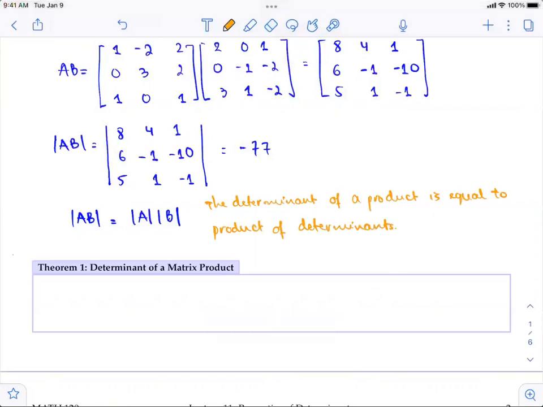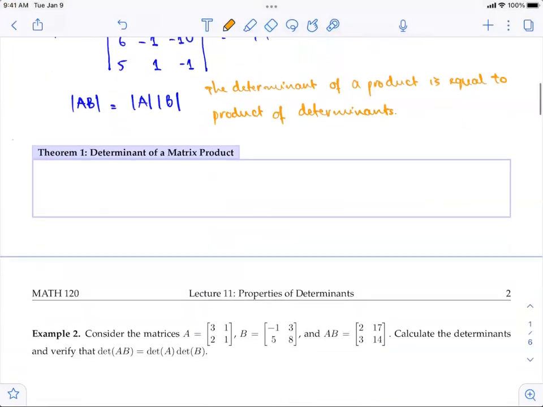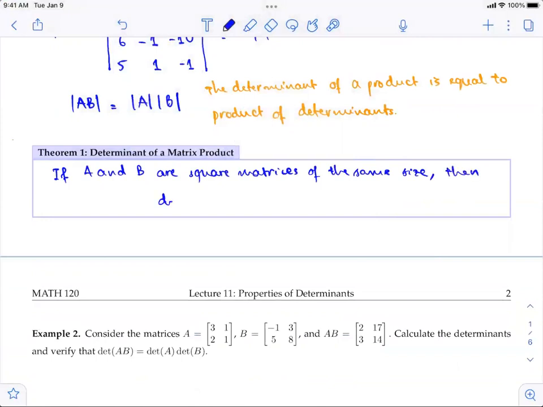And we're going to put that in the following theorem: if A and B are square matrices of the same size, then the determinant of A times B is equal to the determinant of A times the determinant of B. Again, the determinant of the product is the product of determinants.